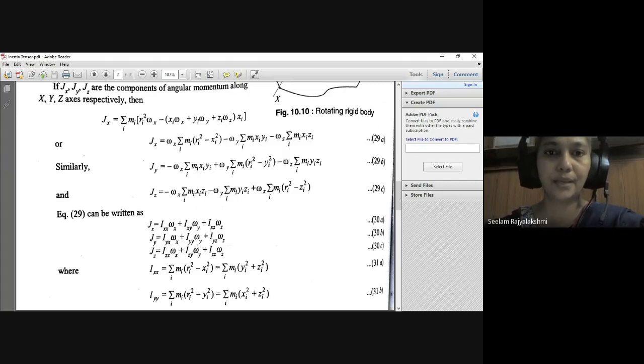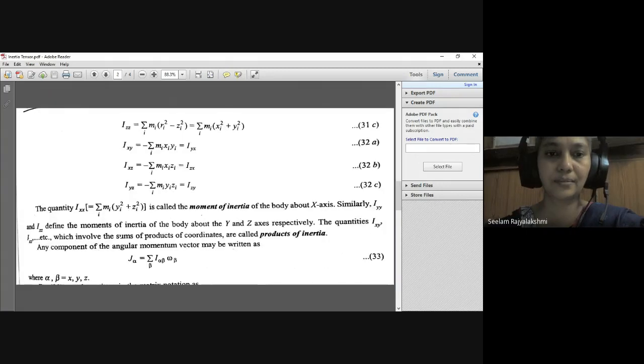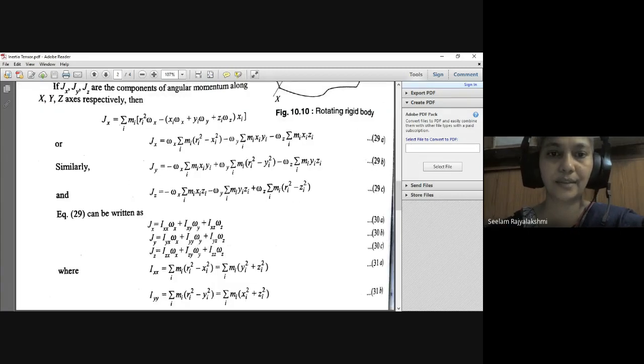This one, mi xi yi, we will consider as Ixy. Here we have an x term and a y term, that's why we have taken Ixy into omega y plus, here we have an x term and a z term, that's why Ixz into omega z.